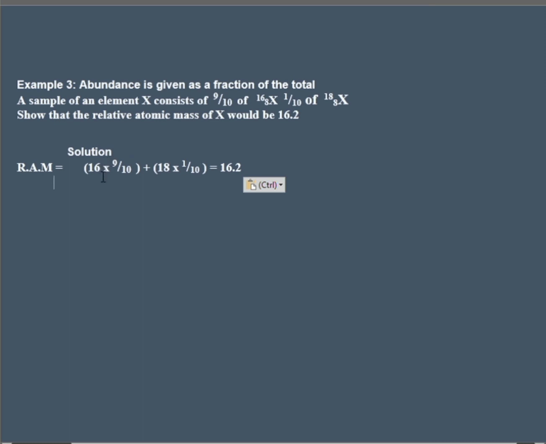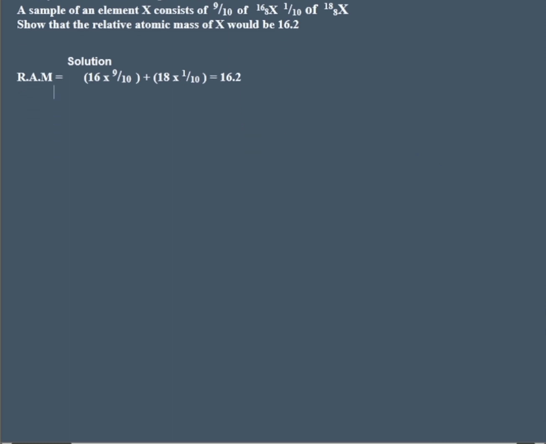Because the first one is the most abundant one with 9/10, we can say that the relative atomic mass will be around 16. When we calculate, we get 16.2. That's how we can calculate relative atomic mass.